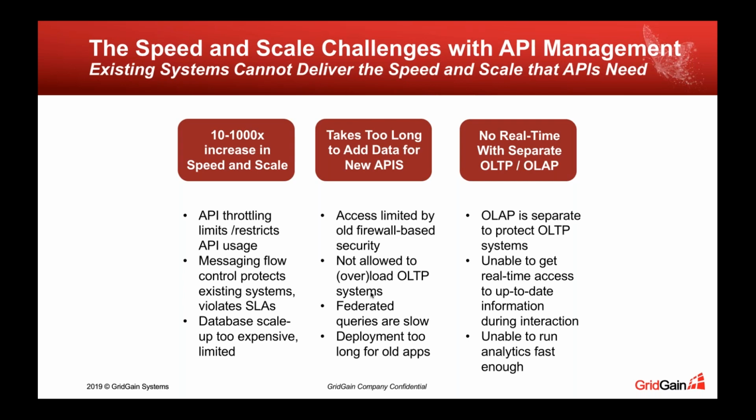The third challenge is that OLAP and OLTP, or transactions and analytics, are separated. That's because for the last 30 years, people hadn't structured the apps to do analytics, and putting the additional load on was just too much. It wasn't worth it. So people said, well, we'll wait.